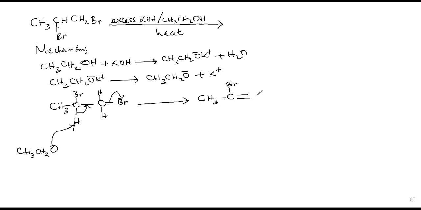You've created a double bond here. Then C, of course, the Br has gone, so we shall have one hydrogen and another hydrogen. Then, because this one picked hydrogen, we formed ethanol. And the bromide ion, which did not react, this one.